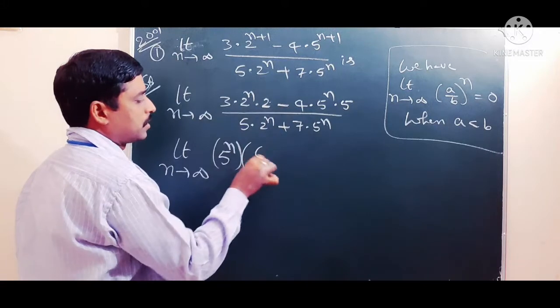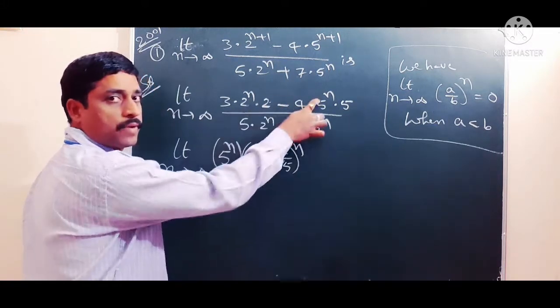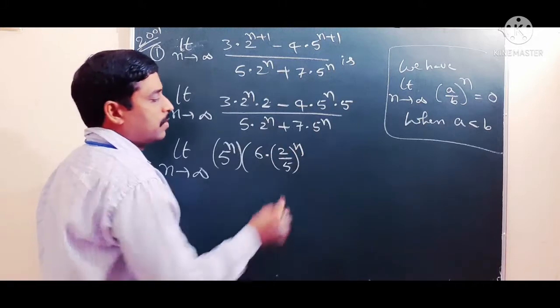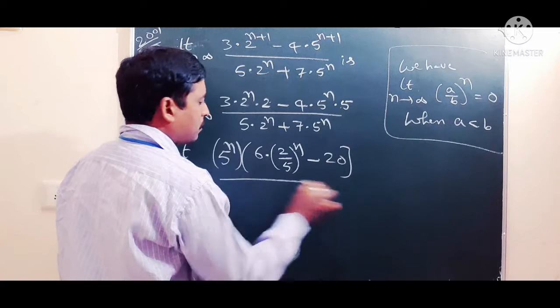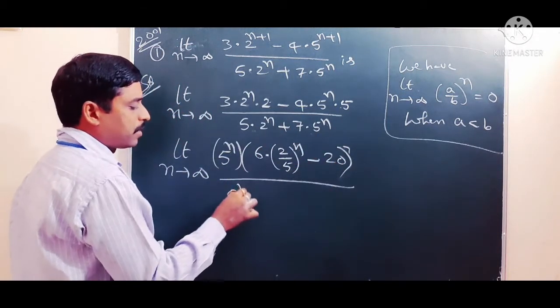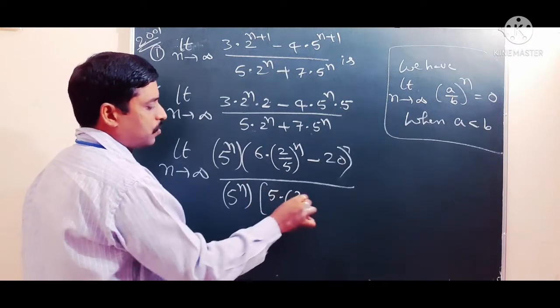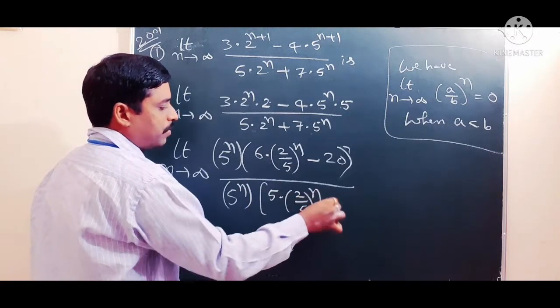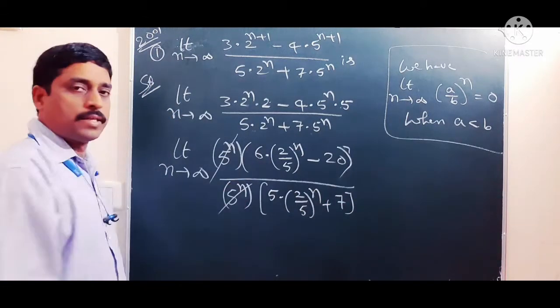So this value is 6 into 2 by 5 whole power n, minus 4 into 5 is 20, this whole divided by, in the denominator also taking 5 power n out common, 5 into 2 by 5 power n plus 7. So 5 power n gets cancelled.